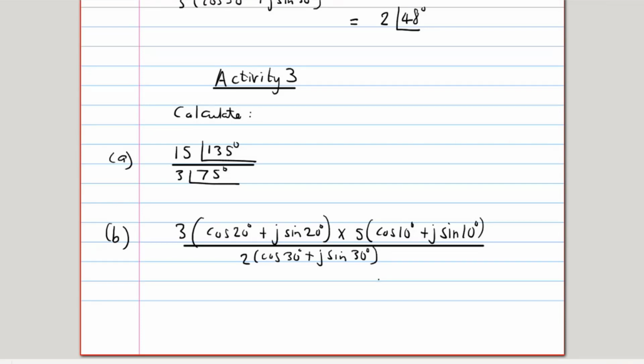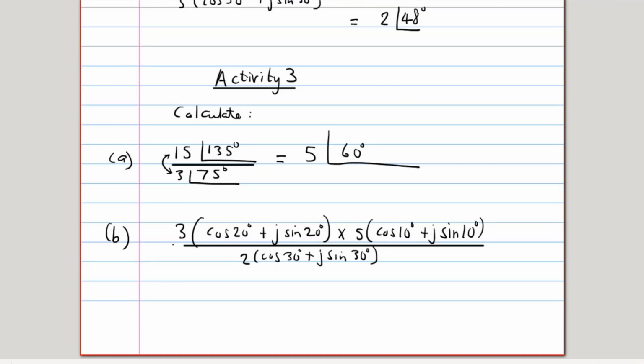So let's look at the top one. I hope I wrote things correctly. Seems fine. Now, this is division of the moduli, so this is 5. And then we subtract the angles, the bottom one from the top one. 135 minus 75 is 60 degrees, right? So that one was relatively straightforward.